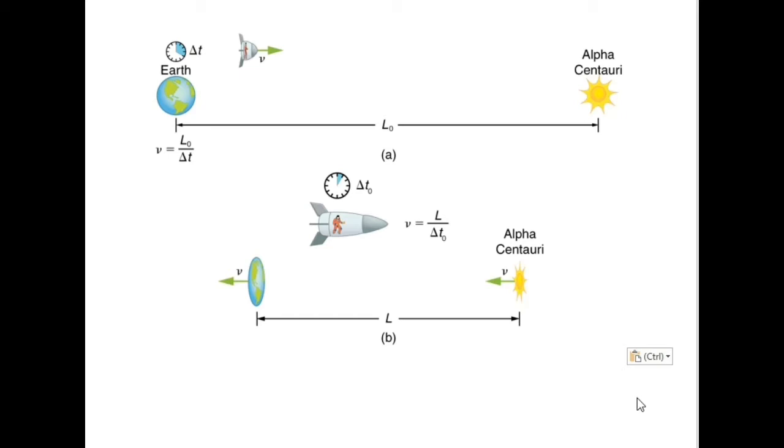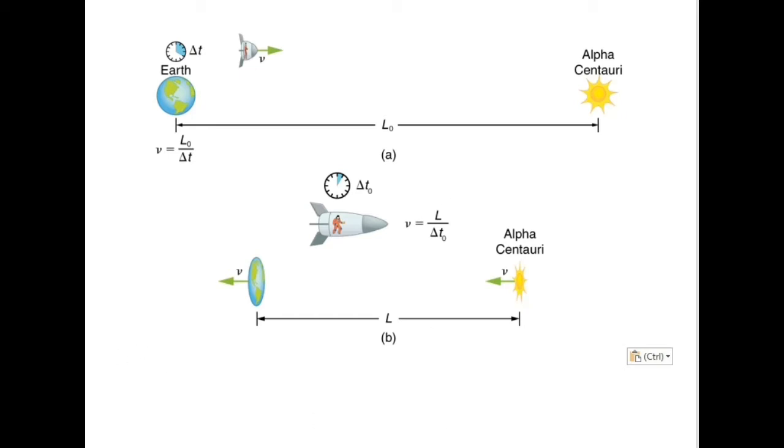Then the delta t, that is the time measured by the observer on Earth. So, let's explain this well here in length contraction. What is L naught, what is L, and what are delta t naught and delta t.